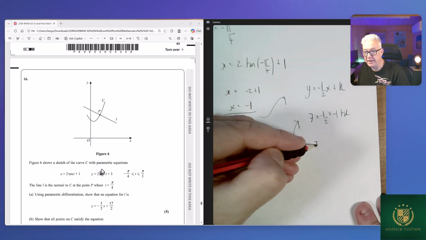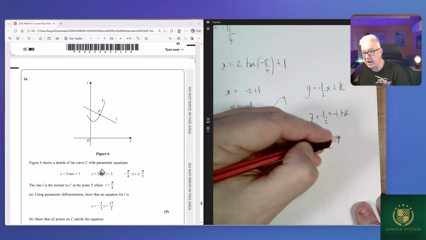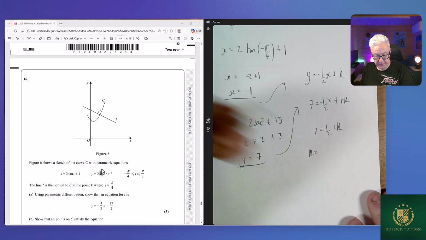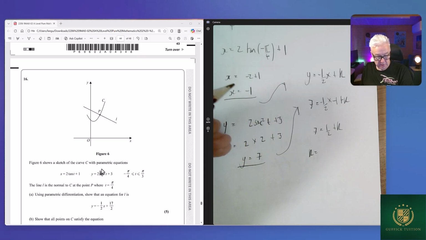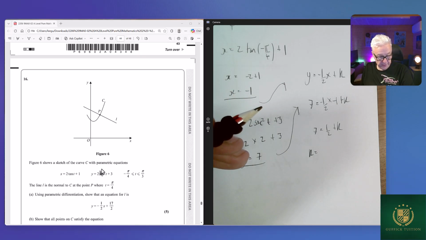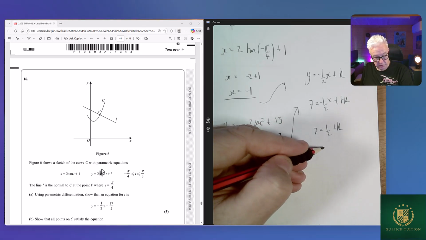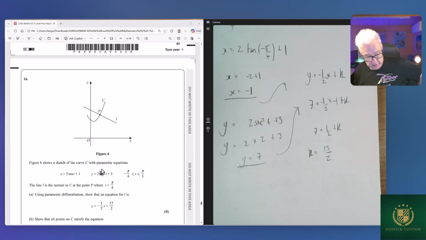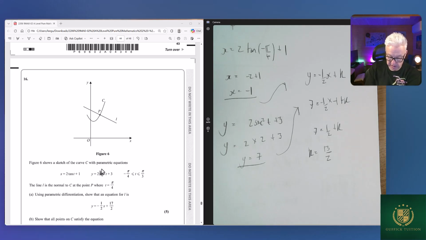So 7 is equal to -1/2 times x, which is -1, plus k. So 7 is equal to a half plus k. Therefore k is equal to 7 minus a half, which gives us that k is equal to 13/2. Let me just double check that this is making sense.